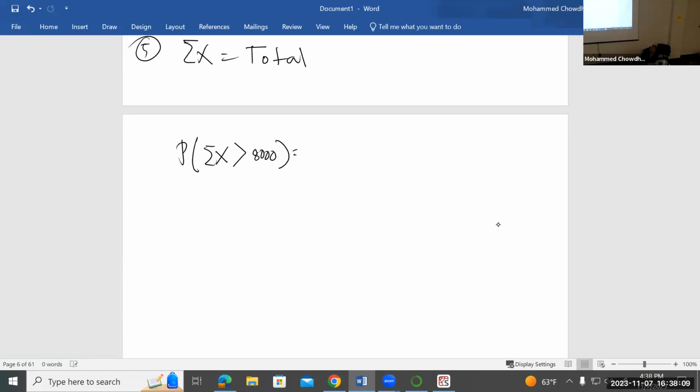So now I can divide sum of X by 15. I can divide 8,000 by 15. Why did I divide it? Because then it will become my mean, right? So mean greater than 8,000 over 15. Could you tell me the number 8,000 over 15?